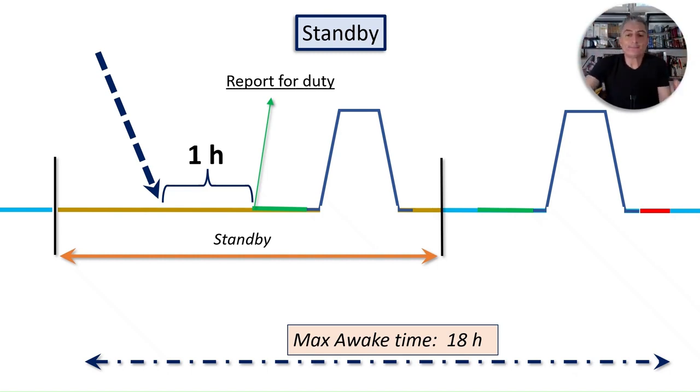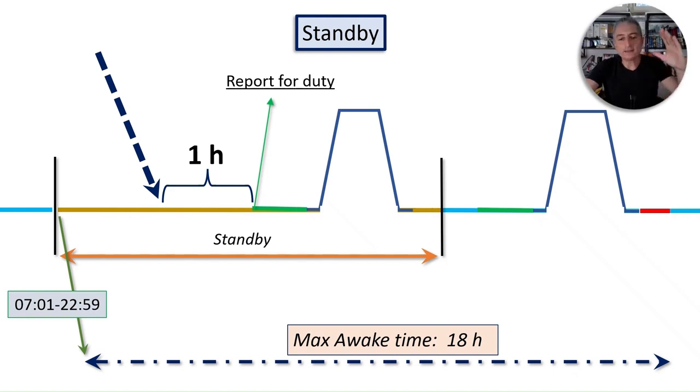When this max awake time begins, it depends on the time. Between 07:01 and 22:59, if our standby begins within this time frame, the maximum awake time begins exactly at the beginning of our standby.